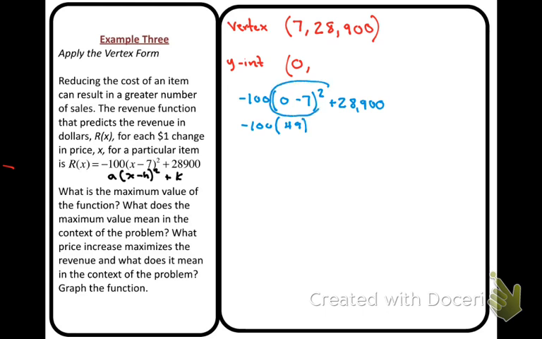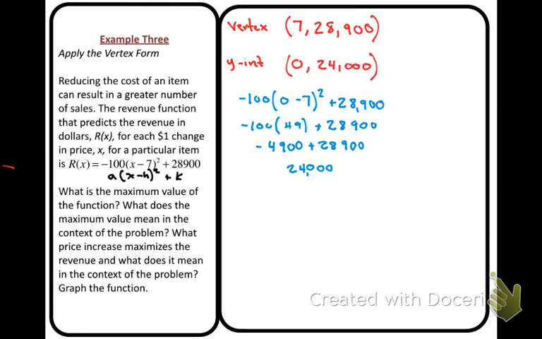Right, so I just went ahead and simplified all this. So I did negative 7 squared, which is 49. 49 times negative 100 gives me negative 4,900 plus 28,900, which gives me 24,000. So my y-intercept is at (0, 24,000).